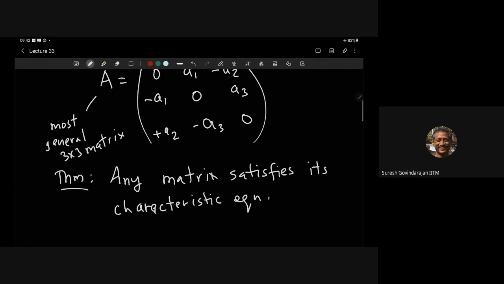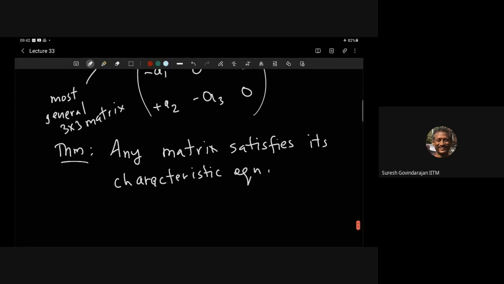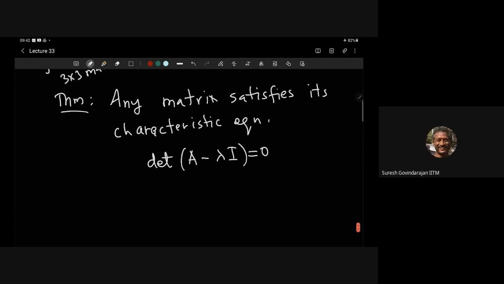What is the characteristic equation of a matrix? Determinant. It will be some degree equation, the same degree as the matrix.